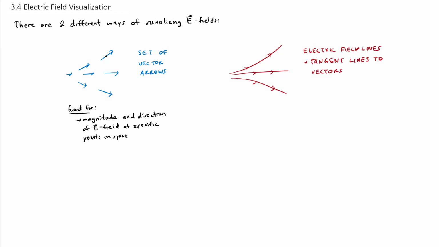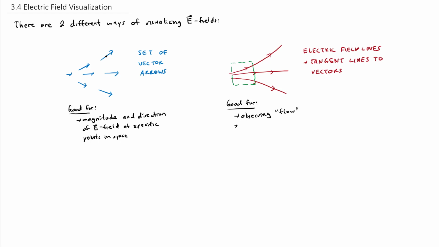So these would be good for observing flow, and also, the more lines that occupy a certain area of space, so the more dense the lines are, the stronger the electric field.